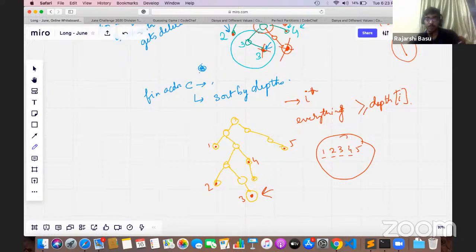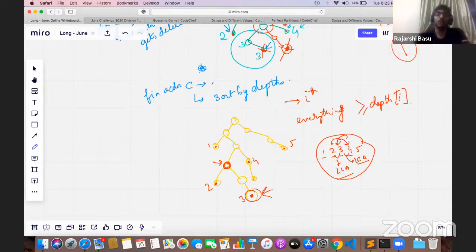You check the previous value and the next value, and you find their LCA. Whichever LCA has the lowest depth, which is 2 in this case, is where this node 3 will get deleted.